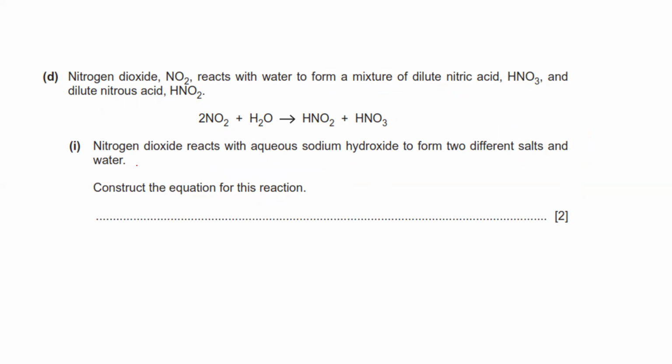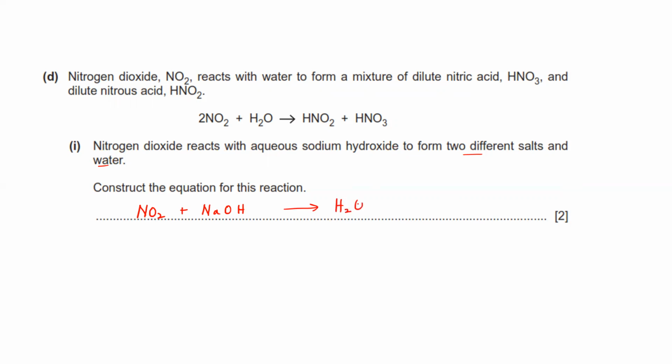Part 1 says nitrogen dioxide reacts with aqueous sodium hydroxide to form two different salts and water. Construct this equation. So nitrogen dioxide NO2 reacts with aqueous sodium hydroxide NaOH to give two different salts and water.